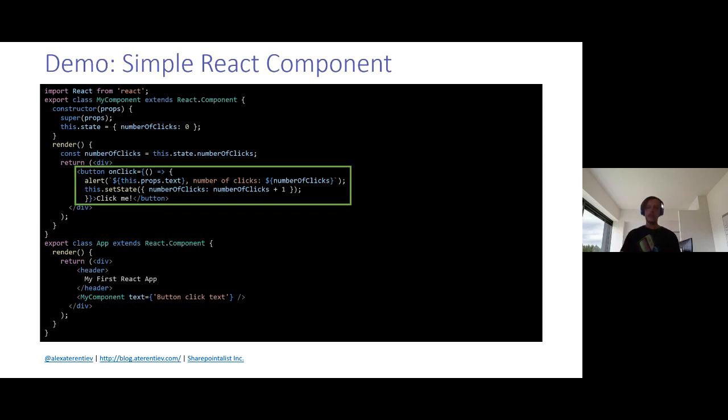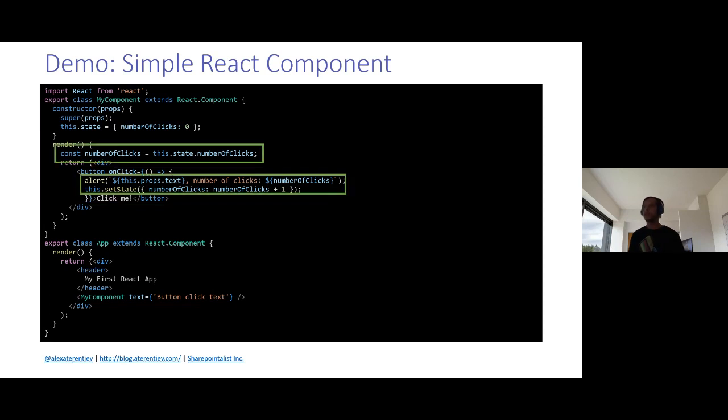For the onClick event handler, we are using camel case and providing the whole function as a handler. Inside this handler, you can see that we are using both props and state. From props, we are getting text that was provided by the parent. And we're also using state, which is the number of clicks, an internal state that we change every time the button is clicked.